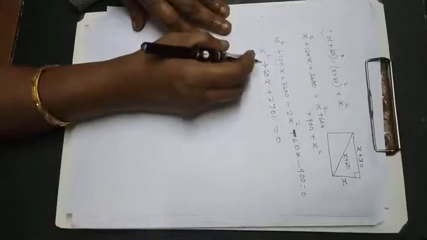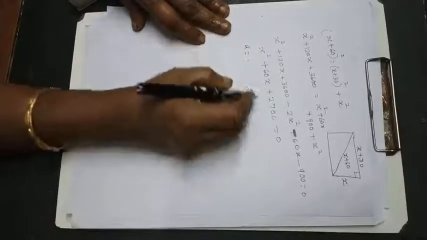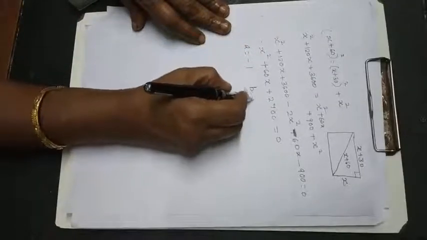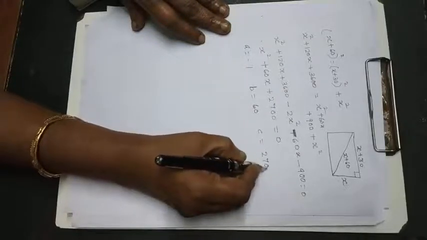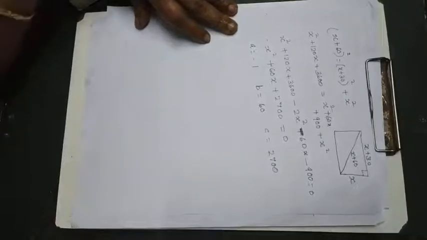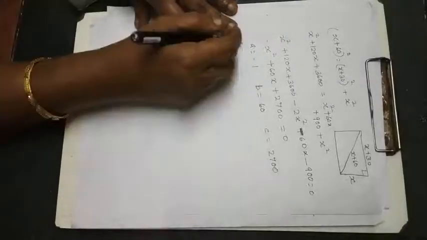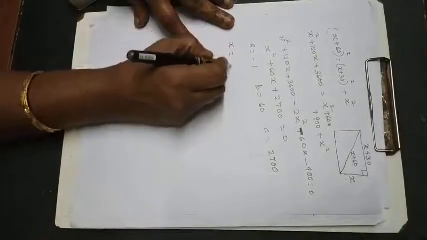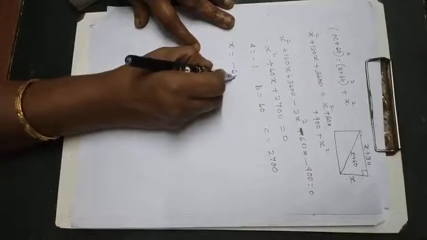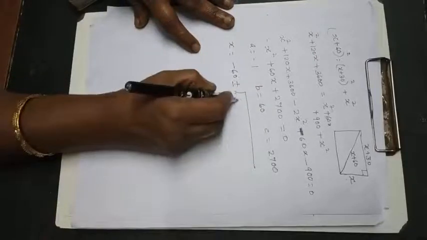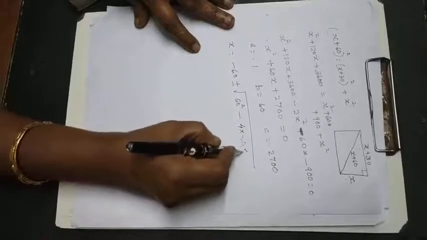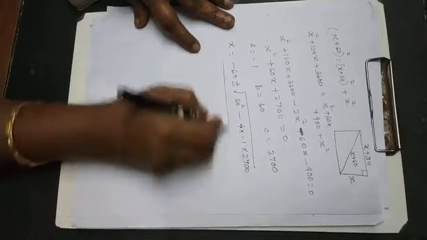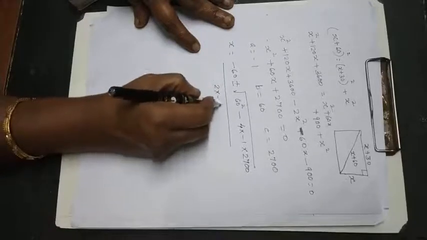Here, if you want, you can change the sign, or a is equal to minus 1, b equal to 60, and c is equal to 2,700 you can take. Now find x is equal to minus b, so minus 60 plus or minus square root of b square, that is 60 square, minus 4 into minus 1 into 2,700, by 2a, that is 2 into negative 1.